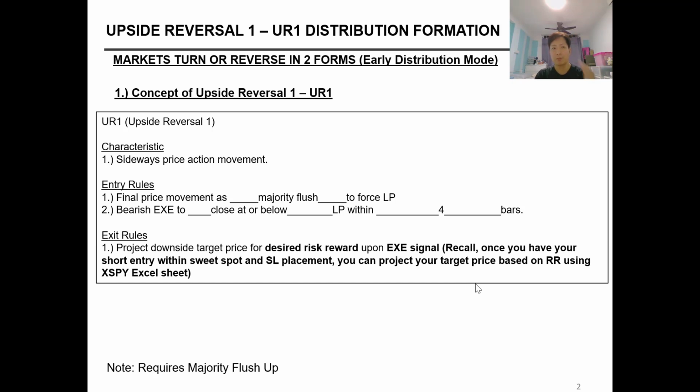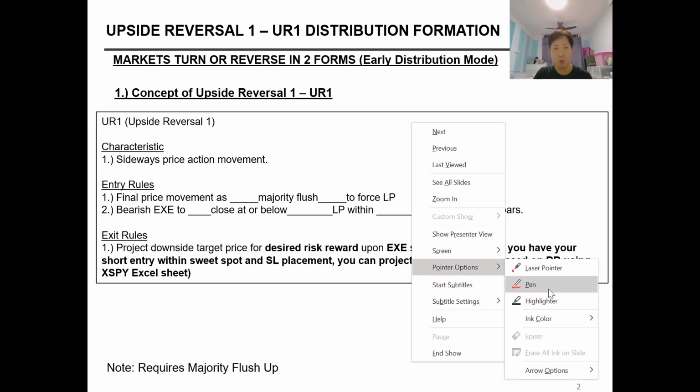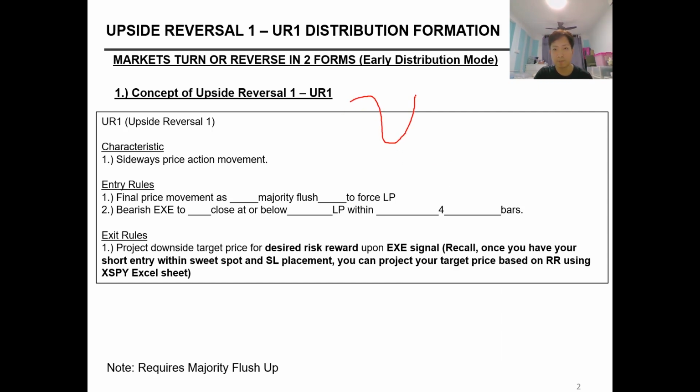So you don't have to check where price is with reference to the 50 SMA to utilize this strategy called UR1. It's basically a sideways price movement, because it's like a wave pattern, a big wave pattern or small wave pattern, that occurs. What you want to see is a kind of false top scenario to go short.